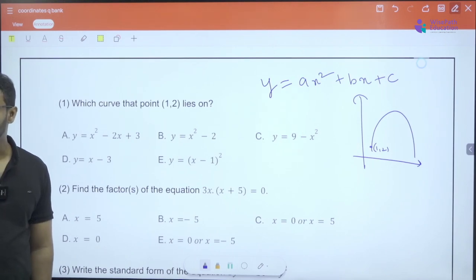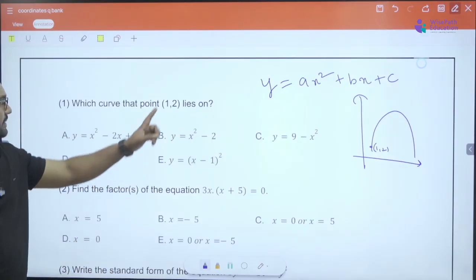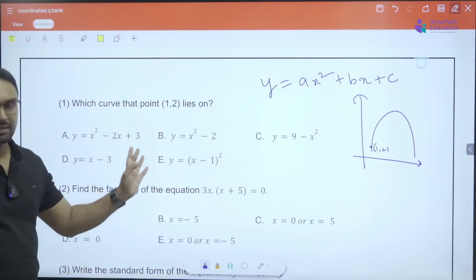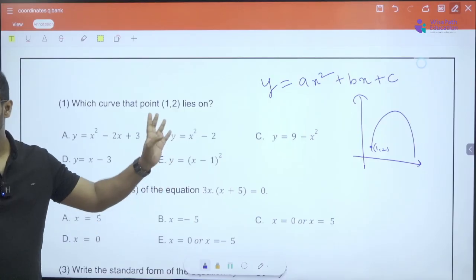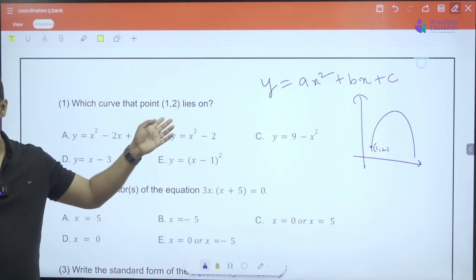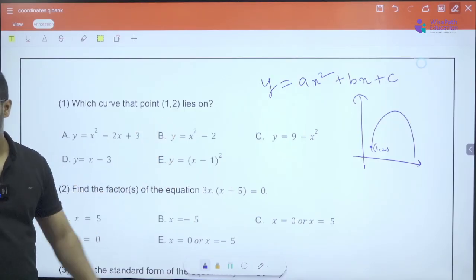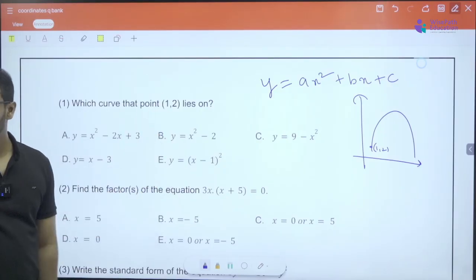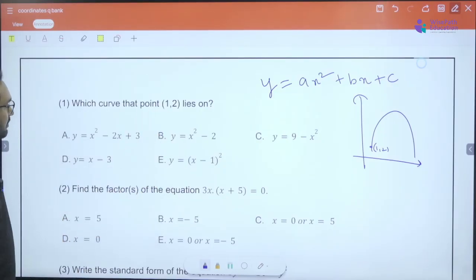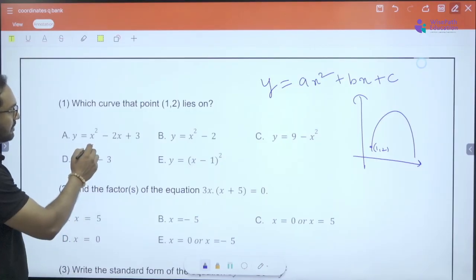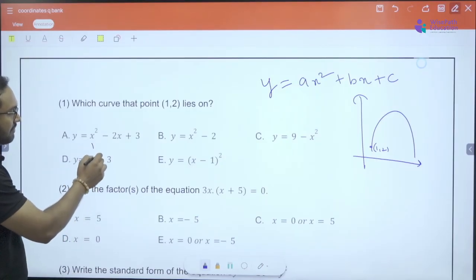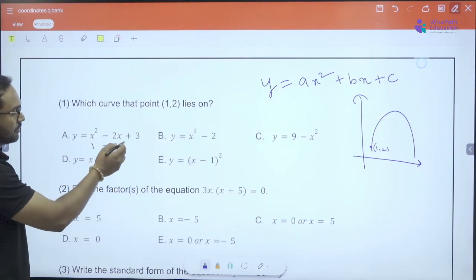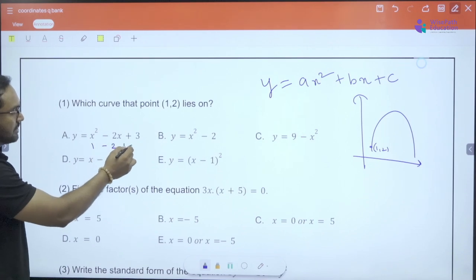You apply the values. Oh. So if you apply the x as 1 for any of the equations, y is supposed to give the answer? Y is supposed to give 2. y x වලට 1 apply කරොතින් y වලට එන්න ඕන 2 apply කරලා බලන්න. පළවෙනි එකේ x ට 1 apply කරොතින් 1 square is 1 minus 2 into 1 is 2 plus 3.